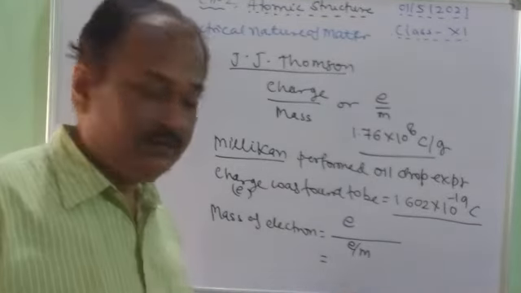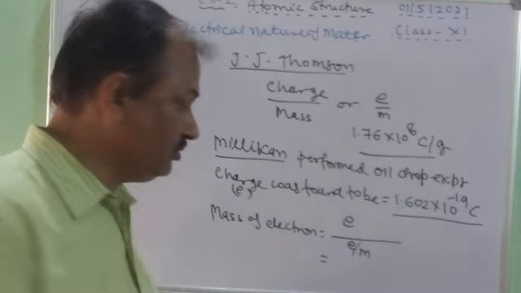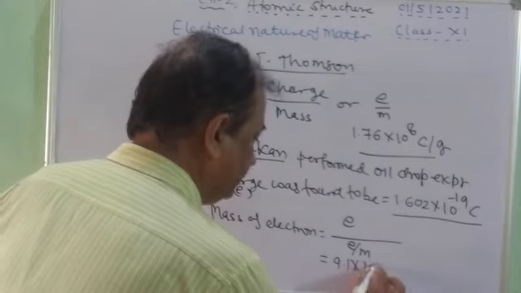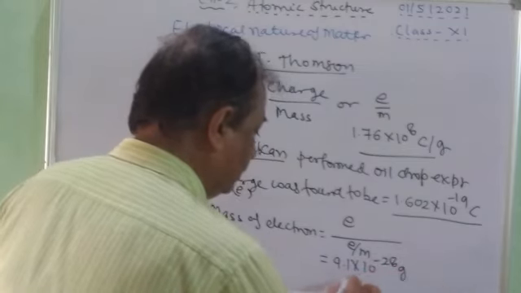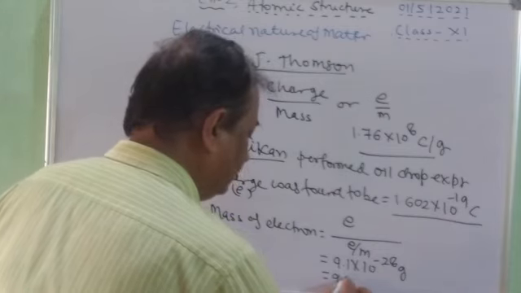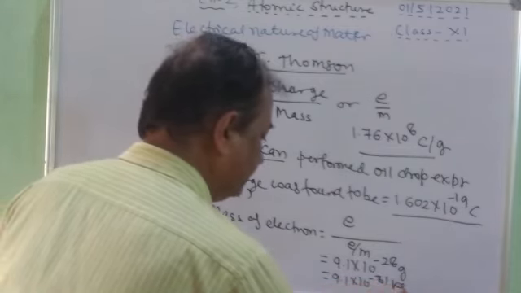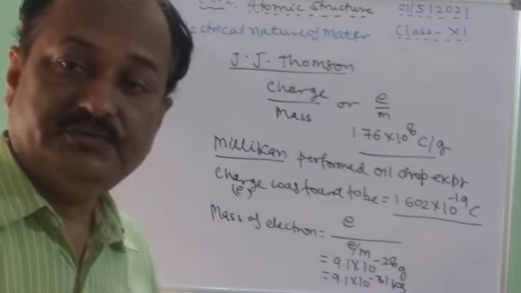On the basis of calculation, putting in the values of the charge and the e/m ratio, it was found to be 9.1 × 10^-28 gram, or 9.1 × 10^-31 kg. So this is all about the discharge tube experiment.